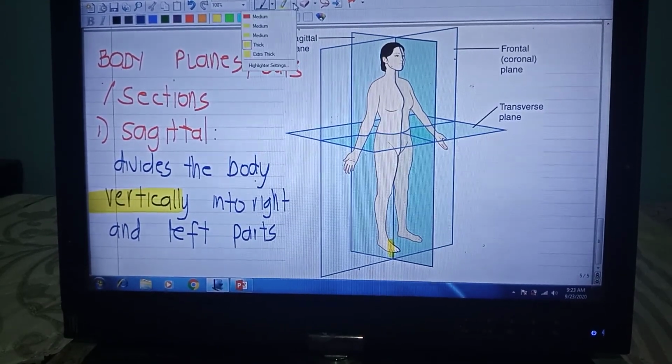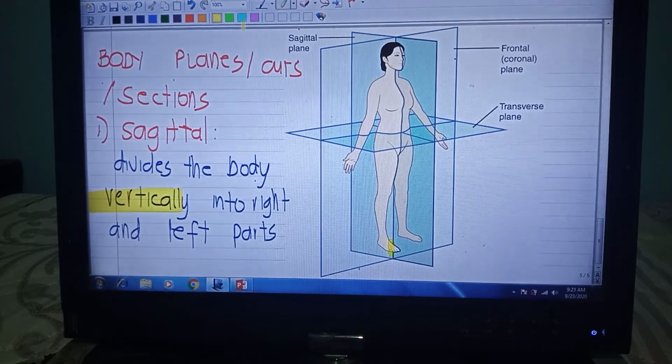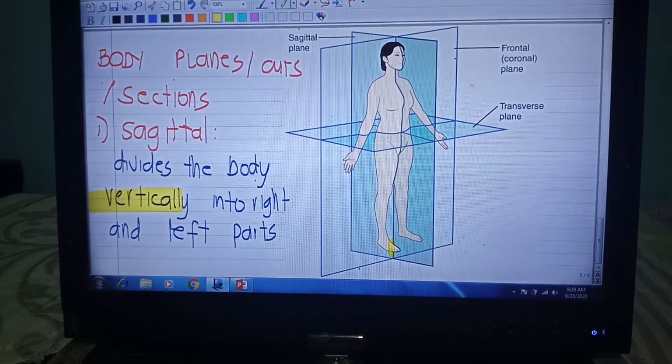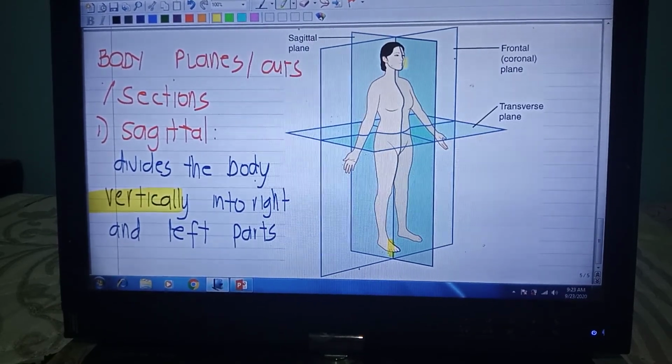Okay. Remember guys, in sagittal plane, if we divide the body into the midline. Ang sagittal, dinidivide niya yung body vertically into left and right.